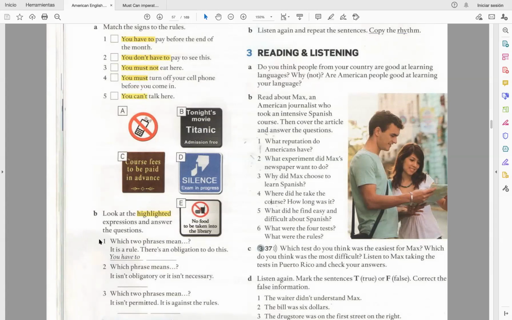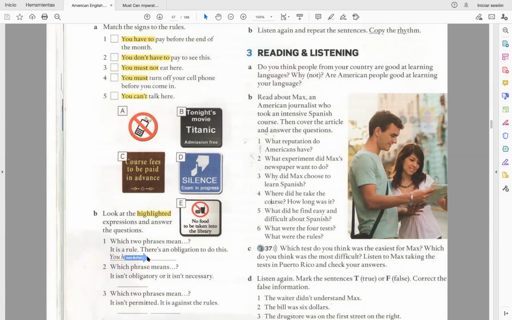It says, number one, which two phrases mean it's a rule? There is an obligation to do this. You have to, and the other one is? Must.